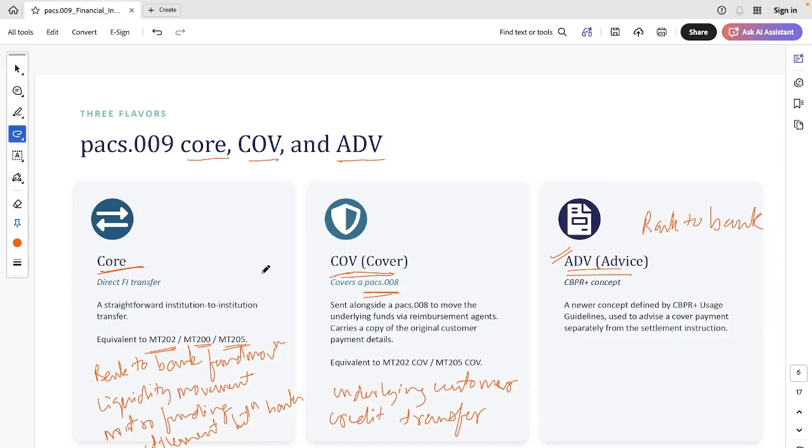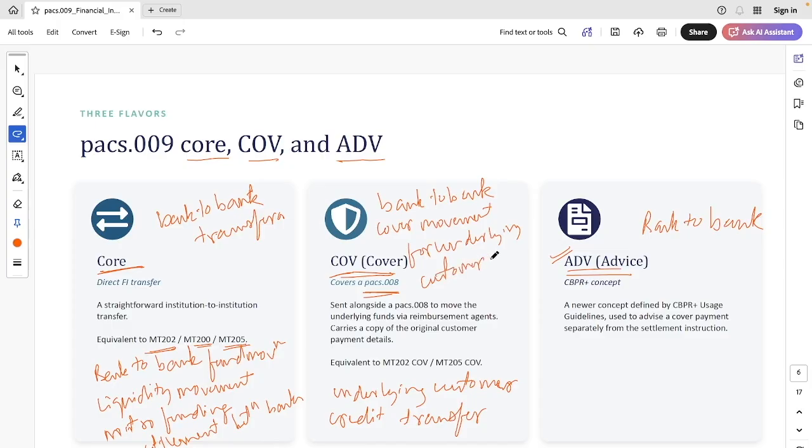Okay. Now, just to remember these three variants in a simpler way, core is actually bank to bank transfers, and COV is bank to bank cover movement for underlying customer payment.